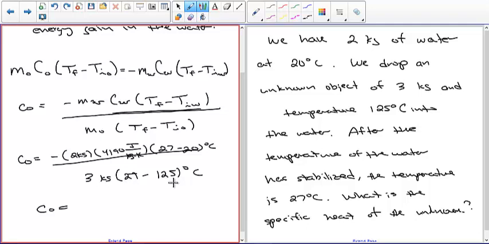And I get 199 joules per kilogram Kelvin. And it's not surprising. Most metals, I think all metals really, most substances have specific heats less than water. So usually the temperature change for the object is much greater than the temperature change for the water.